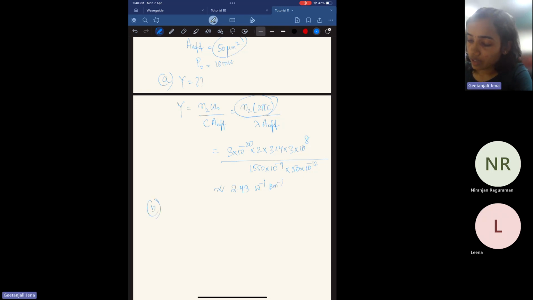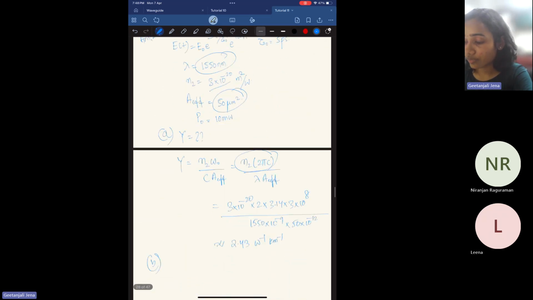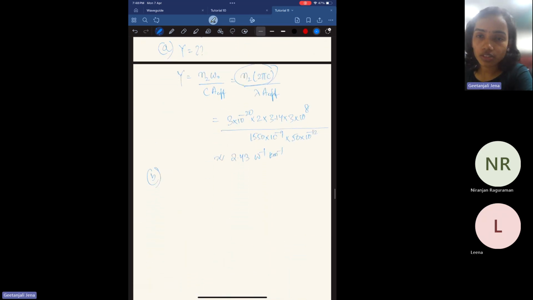So let us see the B part. For the B part, we need to find out the maximum nonlinear phase shift acquired after traveling a distance of 5 kilometers, which is also easy to find because we have seen the expression of maximum phase shift. So phi maximum will be at the pulse center.